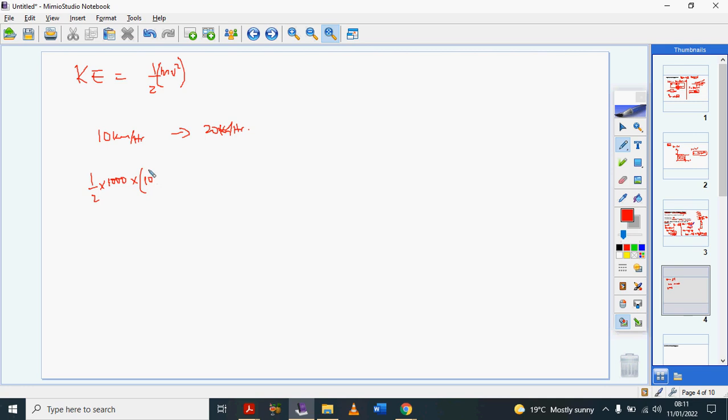You have to change that to meters per second. If you're doubling your speed, then your kinetic energy is a half times the same mass of the car times 20 squared. So this is not directly double of this. It's a 4-time factor. I hope that makes sense. If I double the speed, the energy increases by a factor of 4.